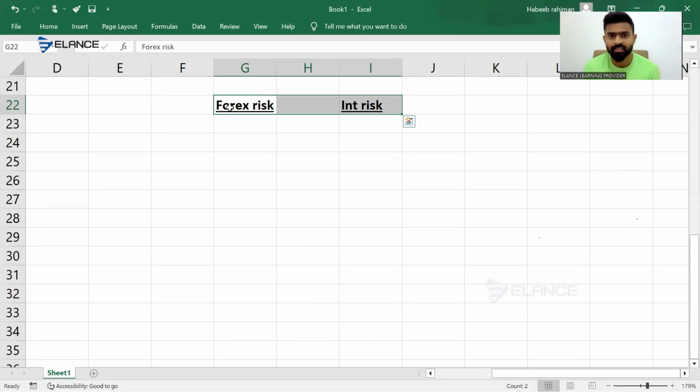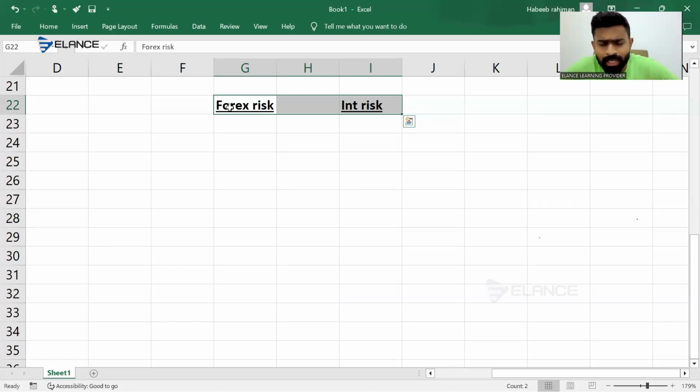Forex rate, right? Similarly, the future interest rate is also uncertain. The interest rate might increase or decrease, so the interest payment or receipt is uncertain. That is said to be interest risk.